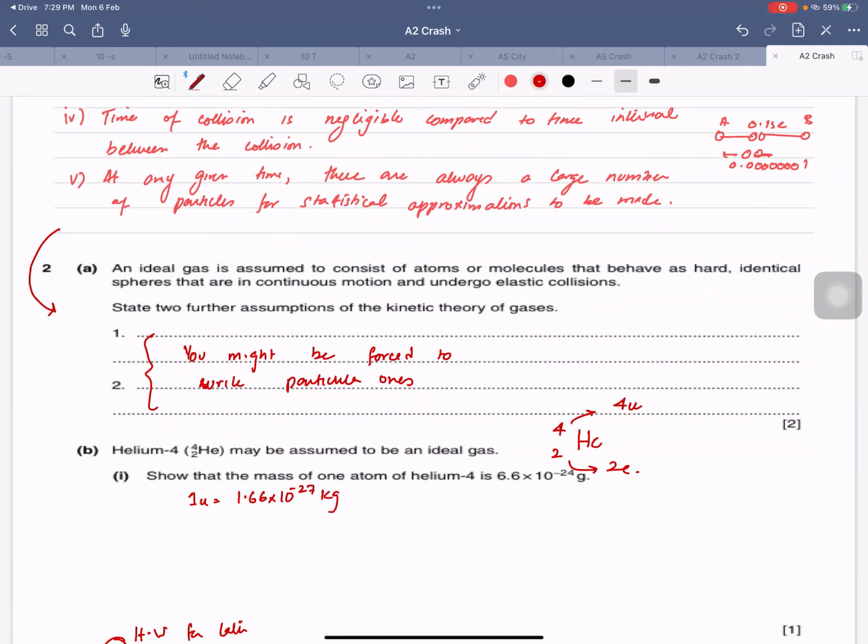It's basically the 12th part of a carbon 12 atom: if you make 12 pieces of a carbon 12 atom and find the mass of just one part, it's this value. So 4 u would be equal to 4 into 1.66 times 10 raised to minus 27.